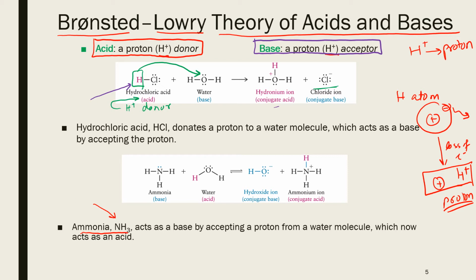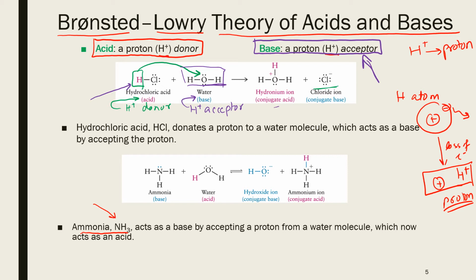Now, if HCl is donating it, then our water molecule is the one accepting the H positive. And we know that according to the definition, a base is a substance which accepts, so therefore water is a base. So that's how the Bronsted and Lowry theory explains what are acids and what are bases.